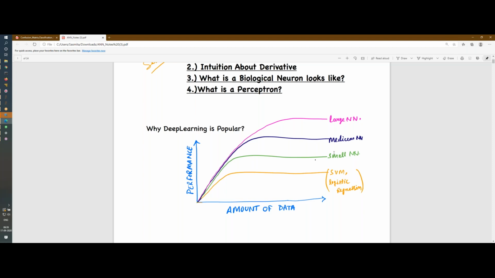Once we understand that, once we completed ANN, we'll be discussing about CNN, convolutional neural network. So CNN is built on top of ANN, right? So in CNN, ANN plus something will be there.